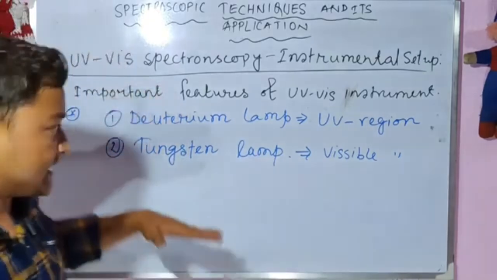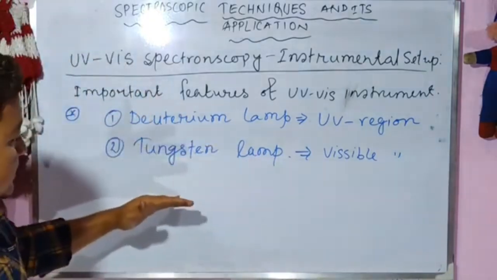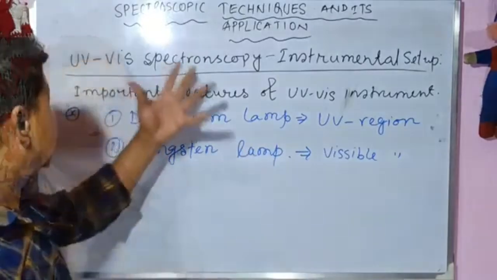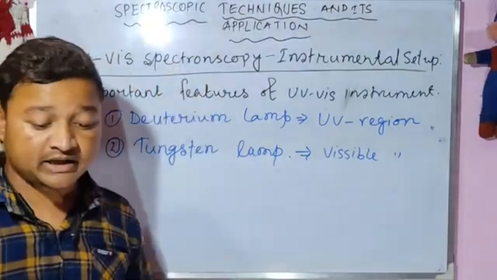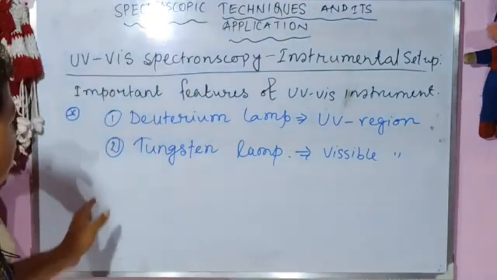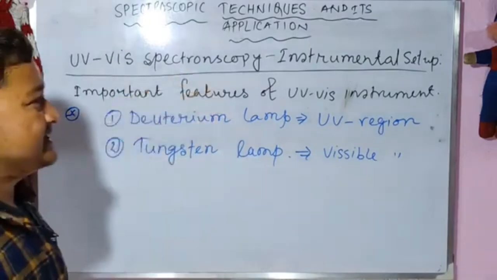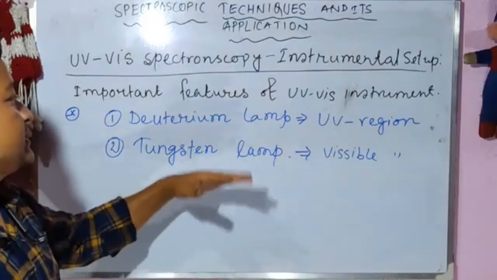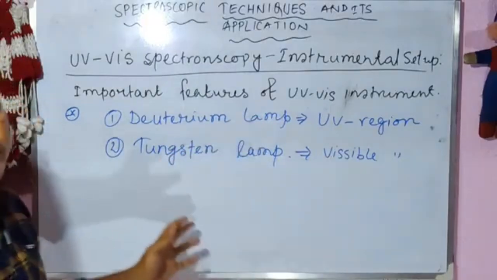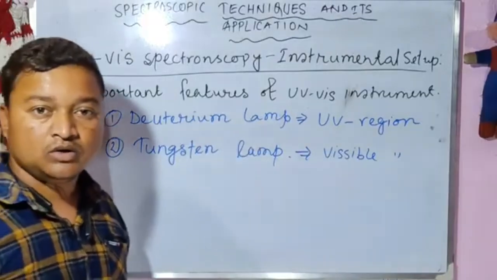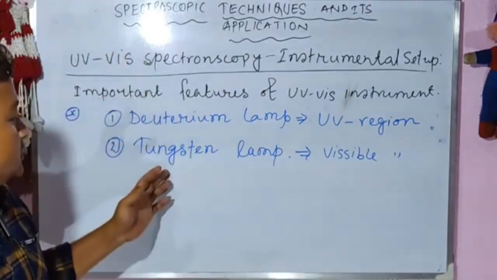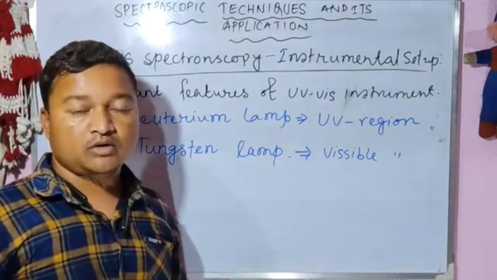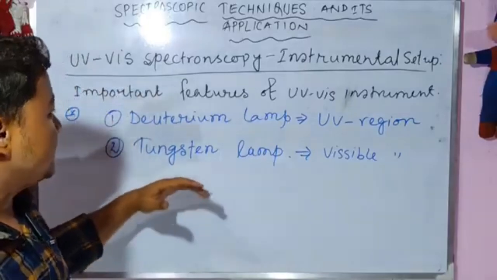The x-axis of the UV visible spectrum is wavelength, and the y-axis is absorbance. So wavelength versus absorbance is plotted in the UV visible spectrum. In the spectrum, the maximum value of the plot, that is the lambda max, is reported.